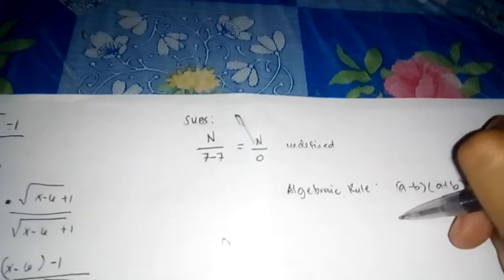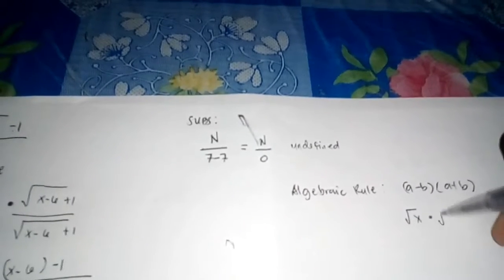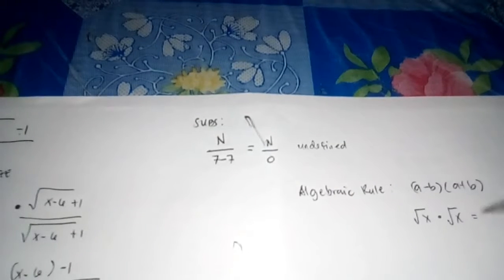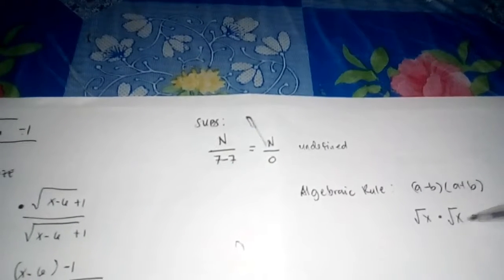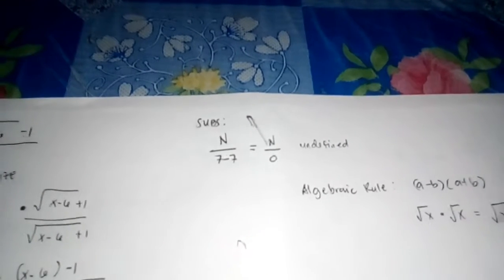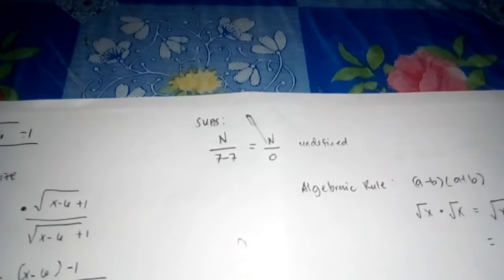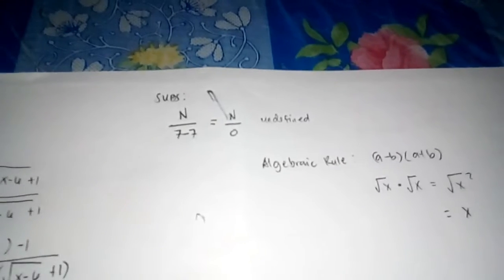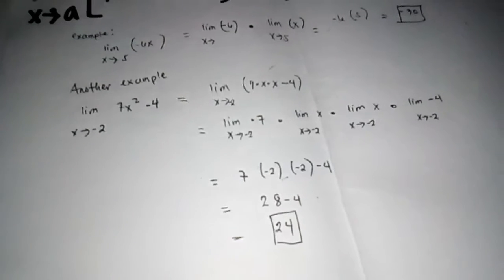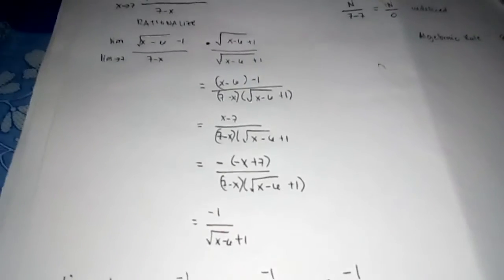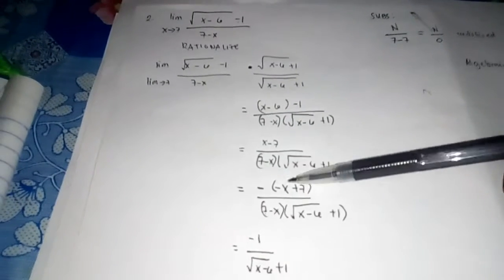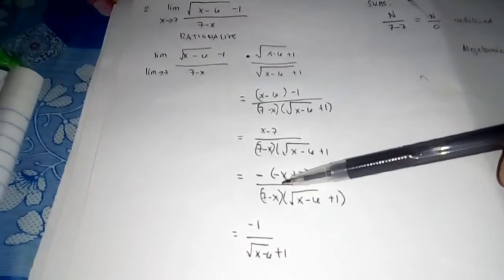So square root of x minus 6 times square root of x minus 6 is equal to the square root of the quantity squared, or is equal to x minus 6. So therefore, the limit of a product is equal to the product of the limits. So to cancel the x minus 7, you need to define it first.